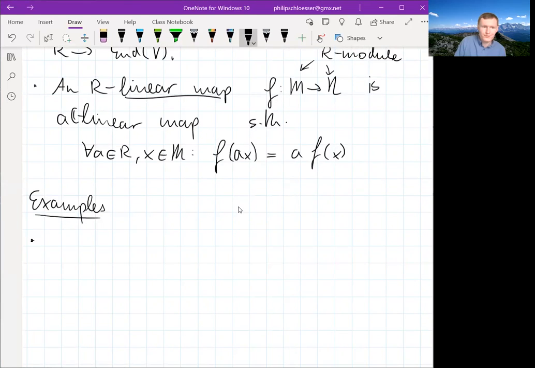And yeah, I guess here's the mathematician again, coming for the most obvious example or the most trivial example. R itself is an R module.